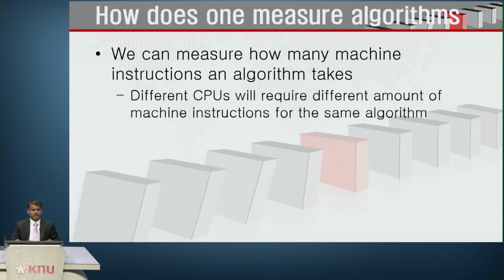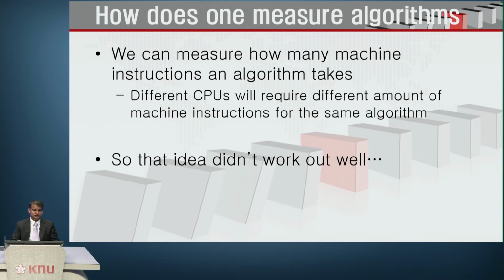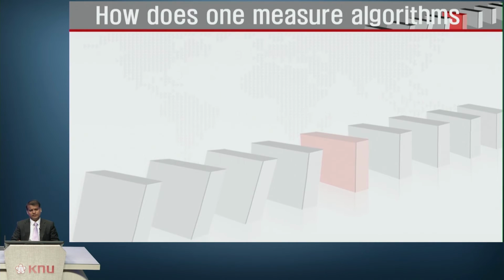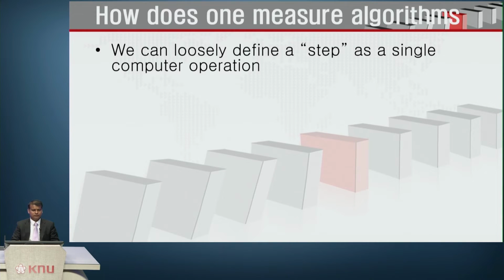They have different outputs. So we should be cautious in evaluating an algorithm. That's one of the important factors. Of course, we know that the worst case scenario and the operations involved are prime factors. So we can loosely define a step as a single computer operation.